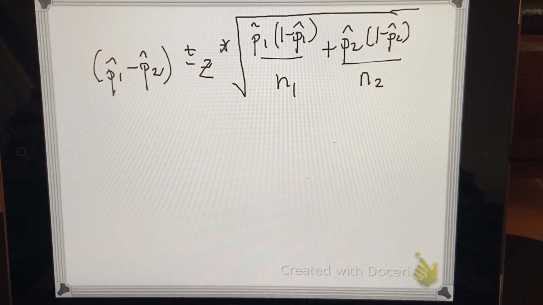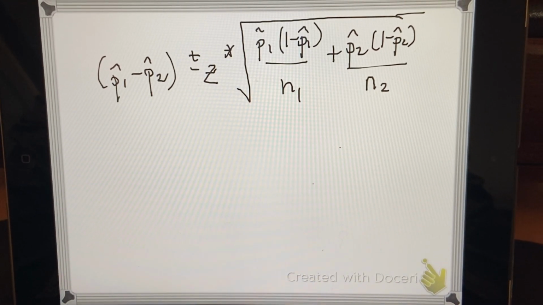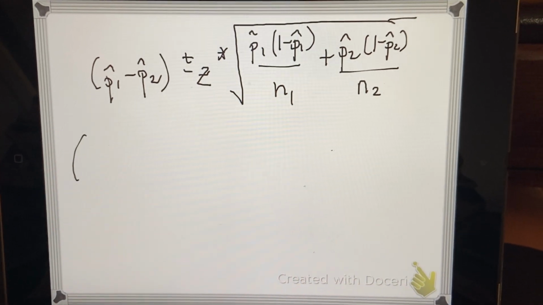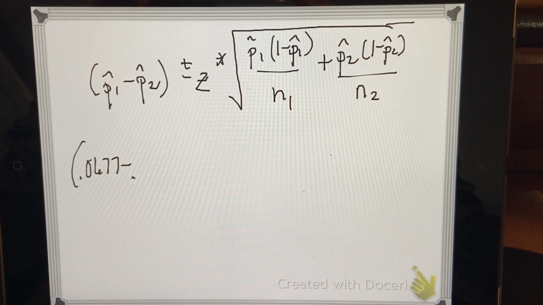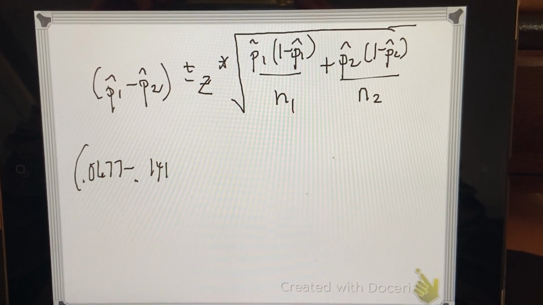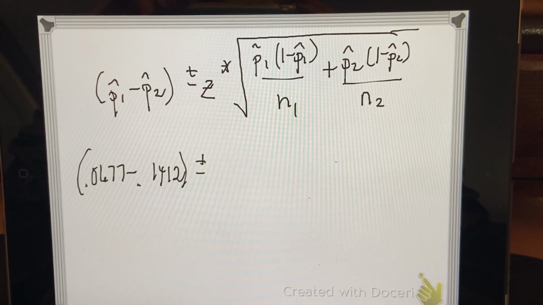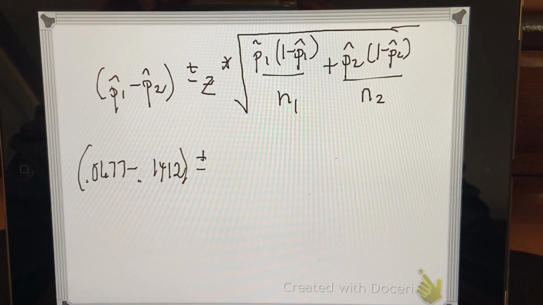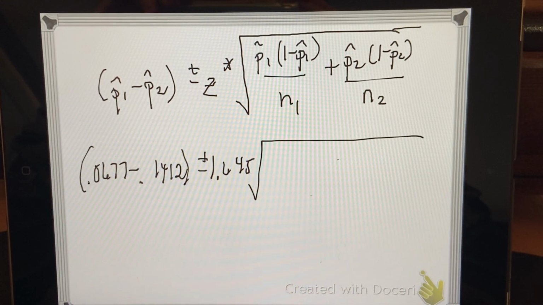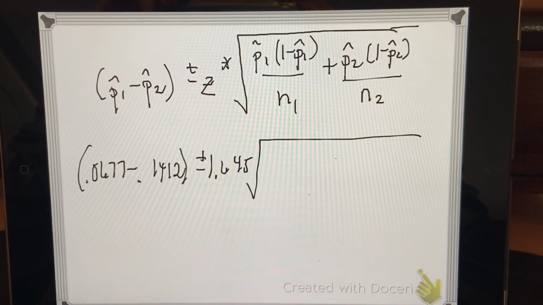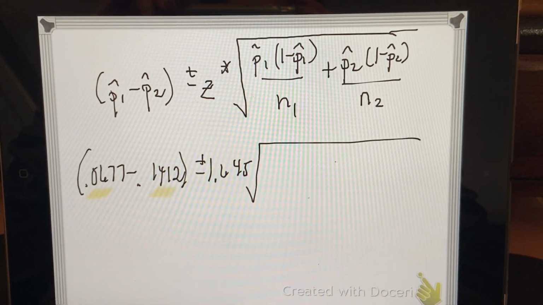All right, so the reader just wants the numbers. Let the calculator do it for you. Okay? And so here we go. So stick your numbers in there. 0.0677 minus 0.1412 plus or minus, I'm looking up Z critical on my table, 1.645. And then these numbers here are the numbers I'm going to use under the radical.